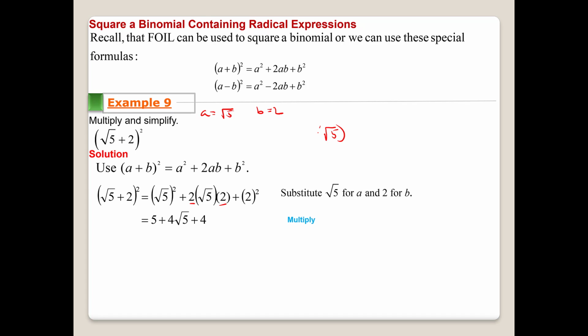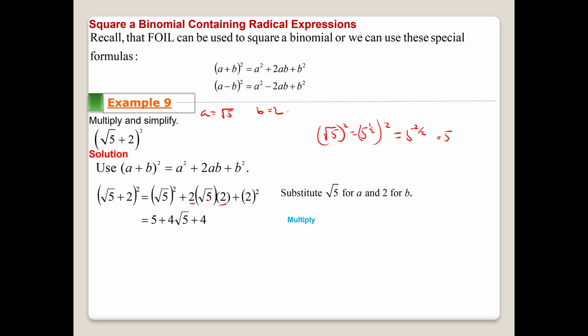Again, that square root of 5, if you have it where it's all squared, it's the same thing as saying 5 to the 1/2, all that squared. Well, when you multiply exponents, that gives me 5 to the power of 2 over 2, which is simply 5.